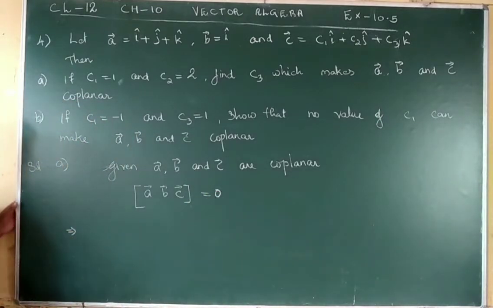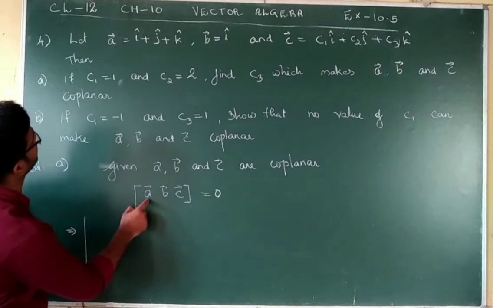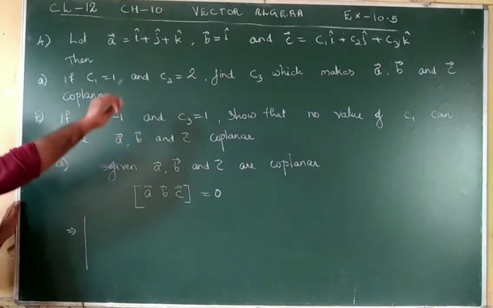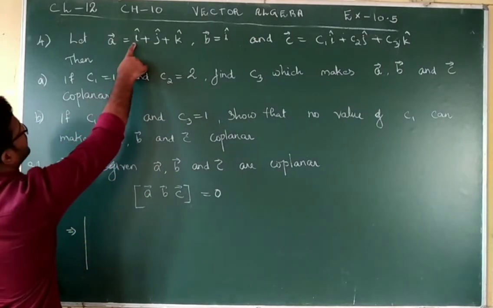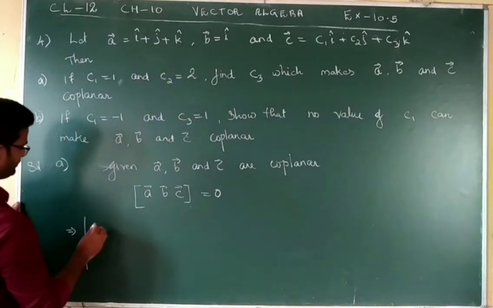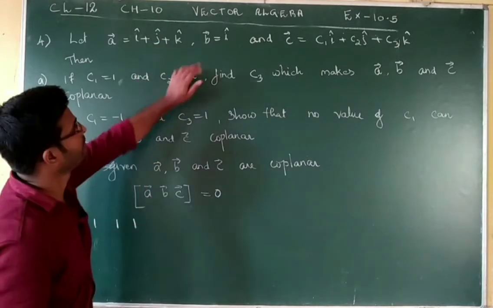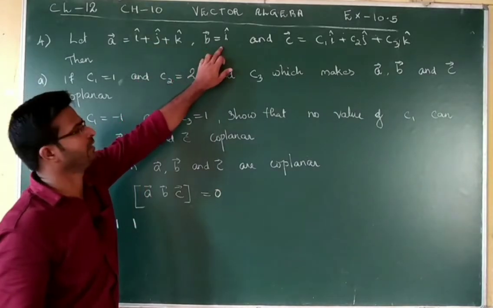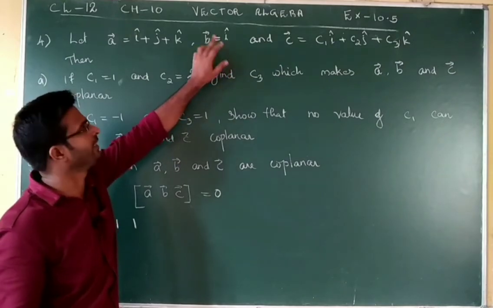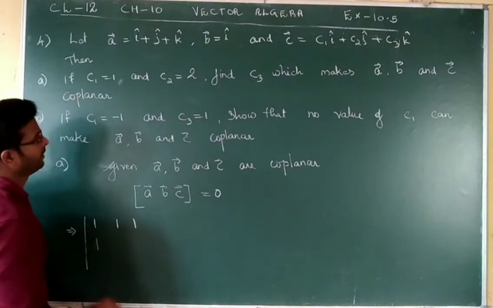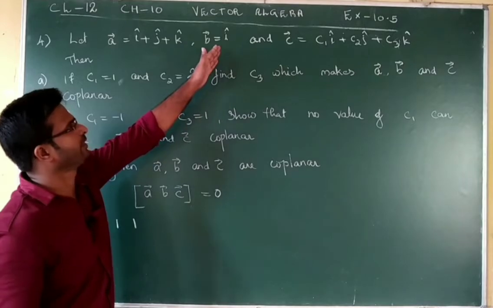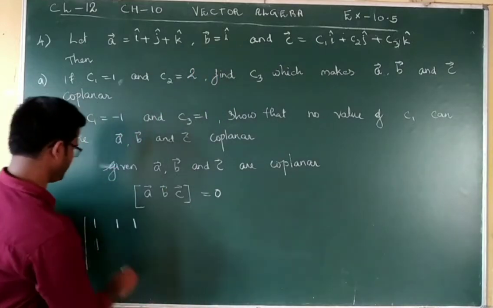Now we can take the scalar triple product using the determinant method. Determinant of first A vector, we can write scalar components of A vector, that is 1, 1, 1. Look, B vector is only i vector, isn't it? That means i component is 1 and j component and k components will be 0.